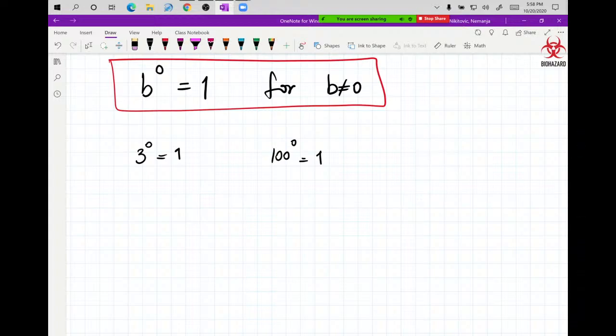But in this case, when you just have any number other than 0 raised to a power of 0, you are going to have 1 as the answer. So that's the first rule. It's a very simple rule. The next rule is going to be the product rule.